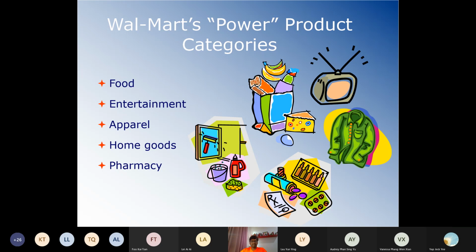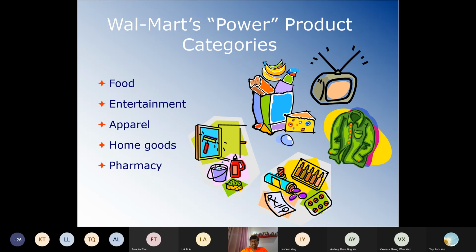The items are food, entertainment, apparels, home goods, and pharmacy. So you can understand how Walmart created these power product categories based on the research they did with 200 million customers, and grouped them into three different categories.